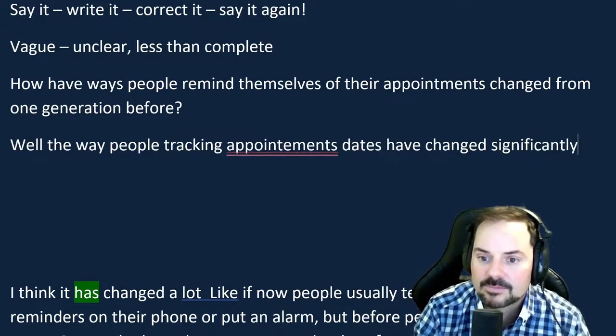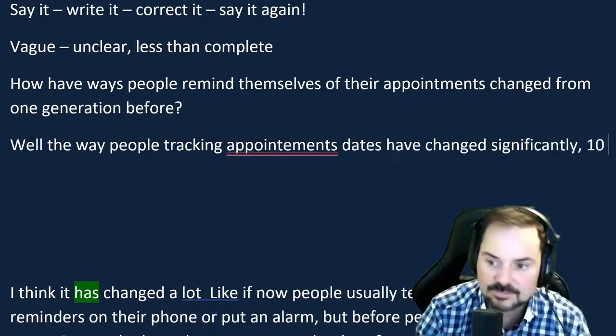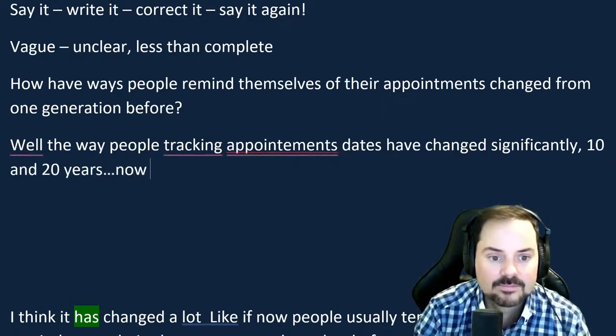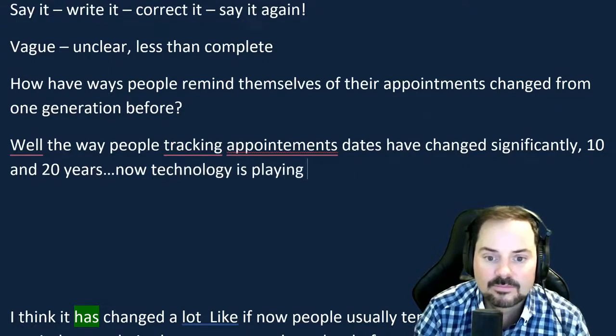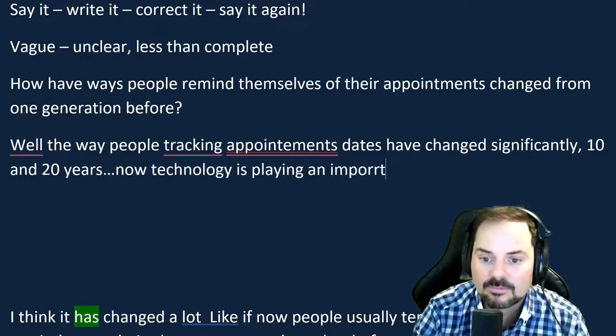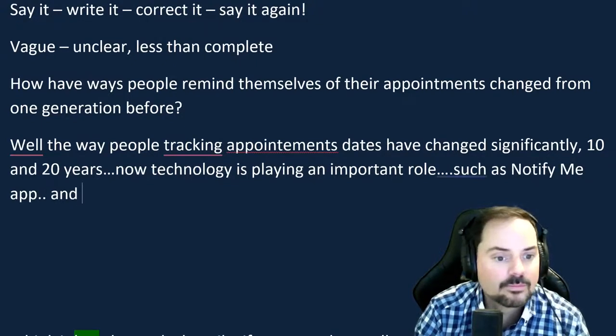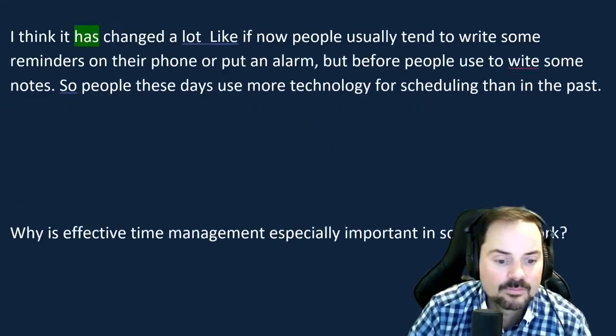However, these days, technology is playing an important role, especially with mobile phones and software, such as the Notify Me application I downloaded years ago from Google Store, and it really helps to remind me of important appointments.